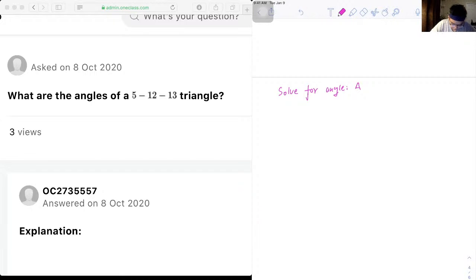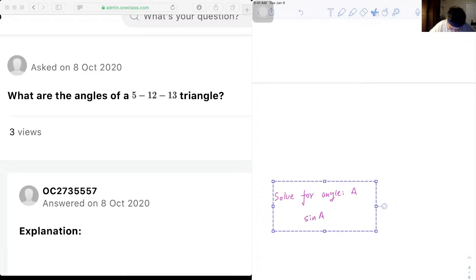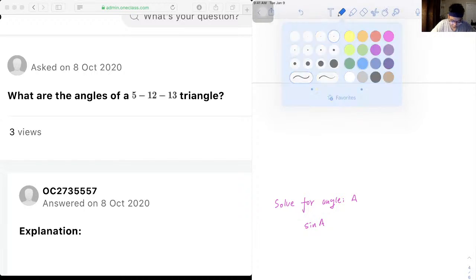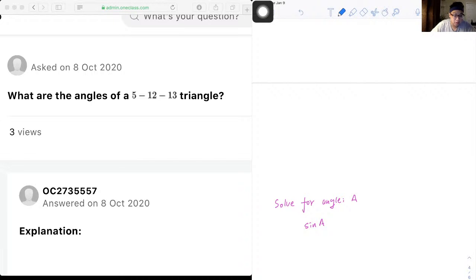Okay, so before we solve for angle A, let's just review what the sine law is.